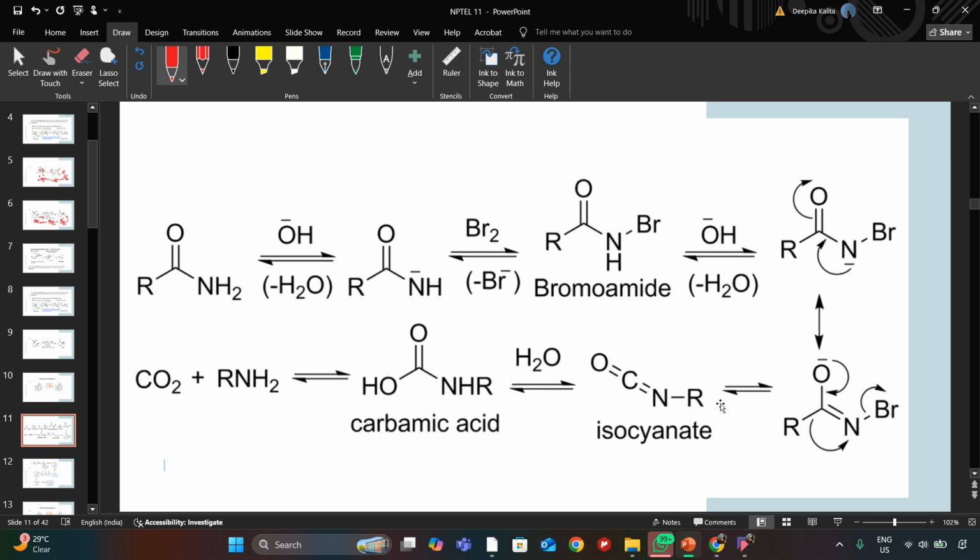This isocyanate is now going to react with a water molecule. This water molecule is going to attack at this carbonyl. Okay, if we show, this water will attack here. The bonds are going to move like this, and we get this carbamic acid.